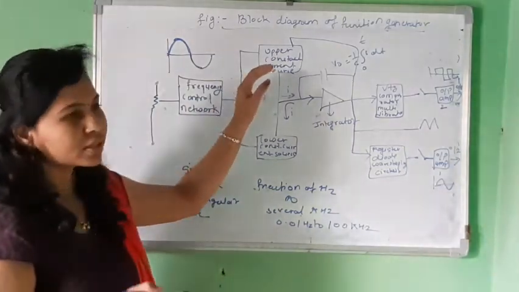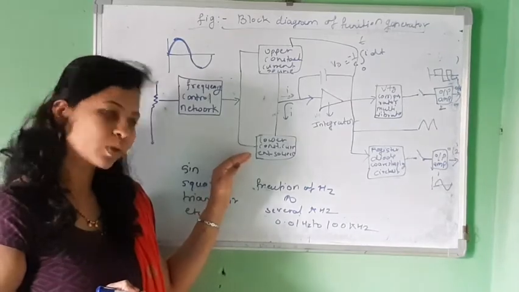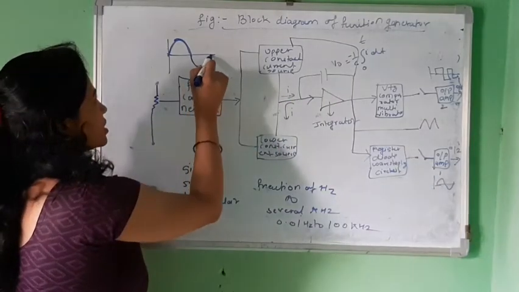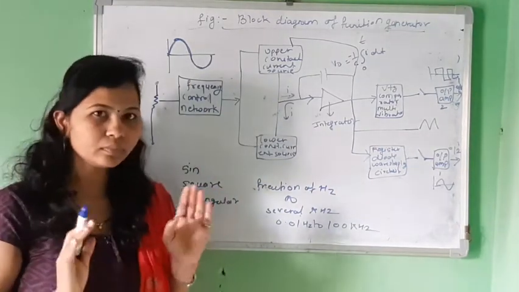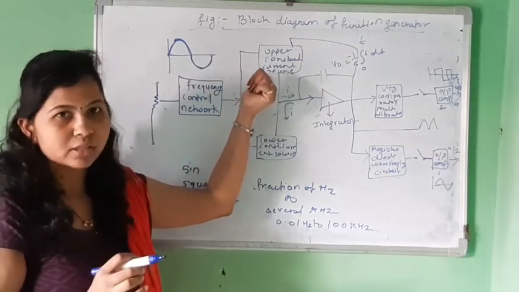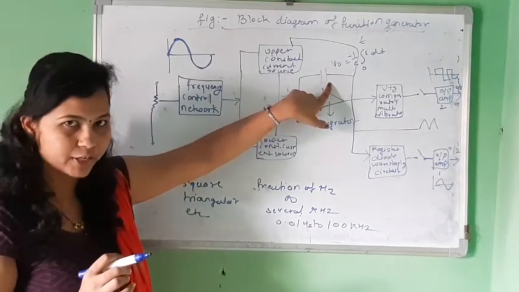Again the upper constant current source will get off and the lower constant current source will get on. The capacitor will discharge and it is like this. Okay, do you understand what happened? When the upper constant current source is on, the capacitor will get charged.